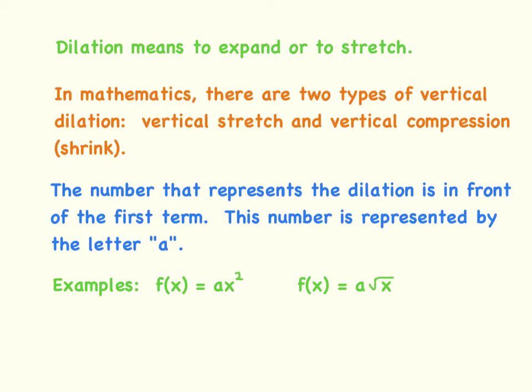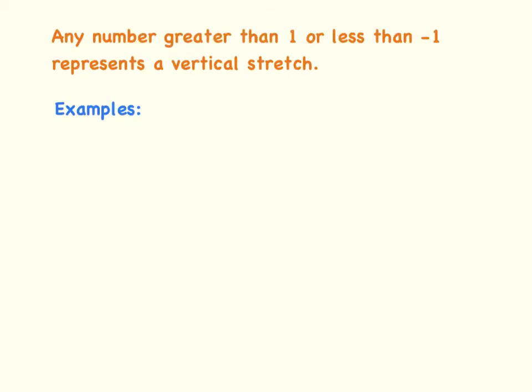Now let's take a look and see exactly what the letter A can do specifically to your equation. Any number greater than 1 or less than -1 represents a vertical stretch. So let's look at some examples. 2x squared, 3x cubed, 4 times radical x.